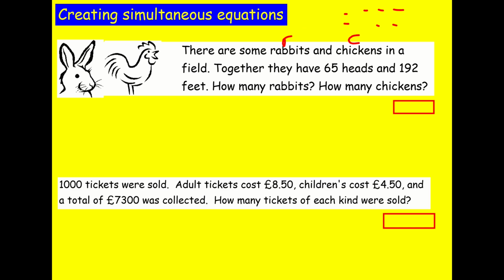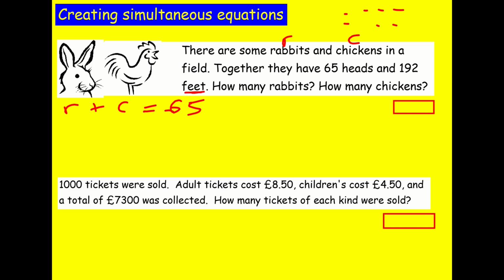So I've got some information, 2 numbers, and I want to work out what R is and what C is. Well, rabbits have 1 head and chickens have 1 head. So it must be that the number of rabbits plus the number of chickens equals the total number of heads. That's my first equation. And then I need to think about feet.